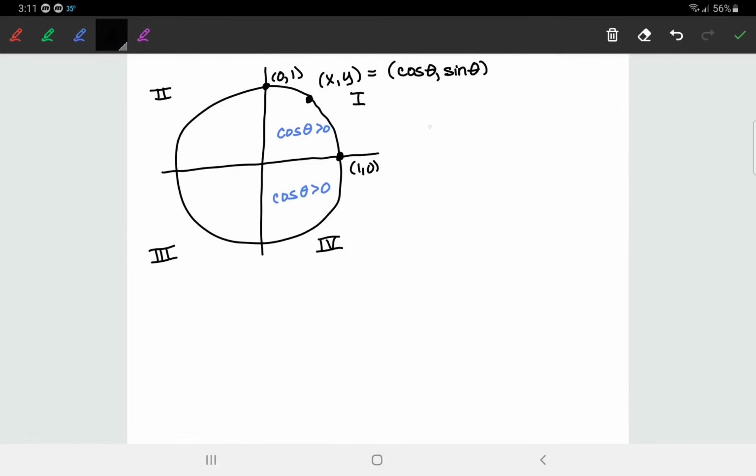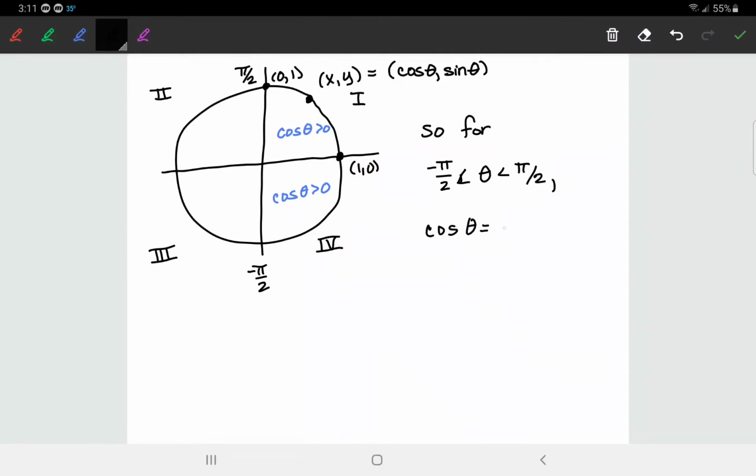So for angles that lie in the first and fourth quadrants, so for angles that go in between negative pi over 2, remember this one's the negatively rotated pi over 2, all the way up to the positively rotated pi over 2, any angle that falls in between these, we have that the cosine of theta will be positive.